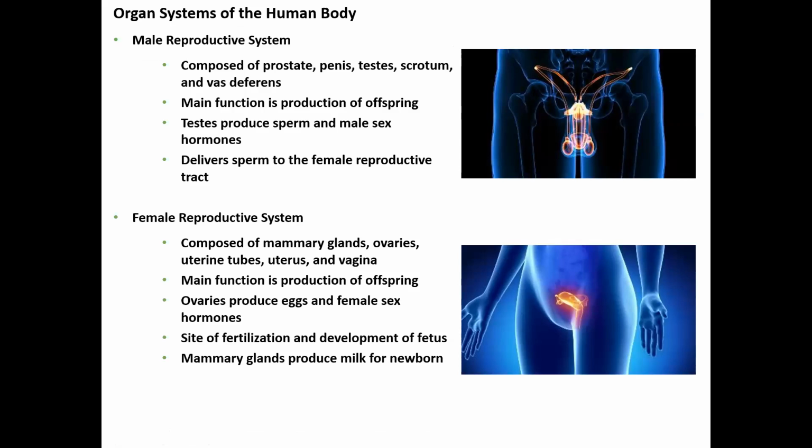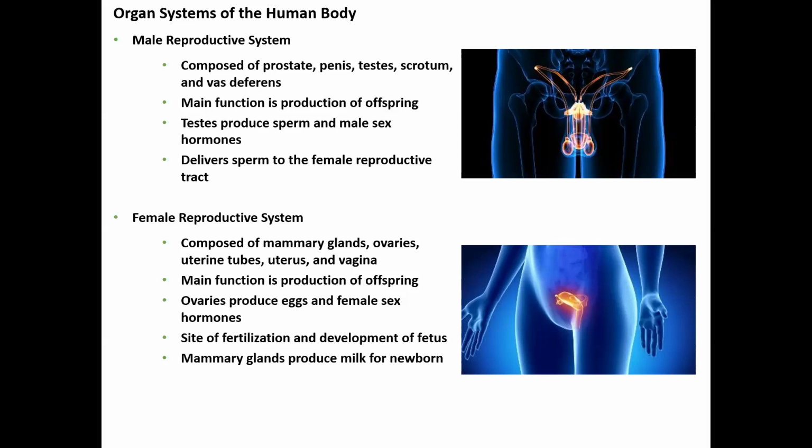And the role then is to deliver sperm cells into the female reproductive tract. That's what the reproductive system does here. The urethra in the penis is the delivery tube, if you will. It also does double duty as the urethra for the urinary bladder.